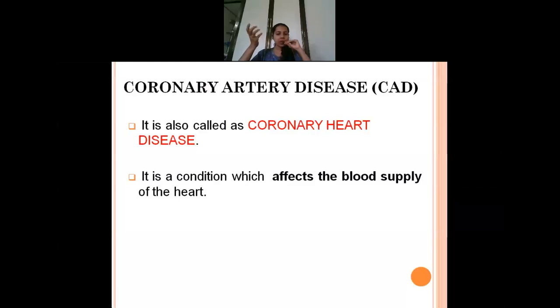Along with that, the patient will develop chest pain, that is called angina. The person will have signs and symptoms like angina, and many other symptoms will be there. Sometimes the fatty streak that I told, or atheroma or plaque, which is a deposit of fat, may get dislodged anywhere in the blood vessel.